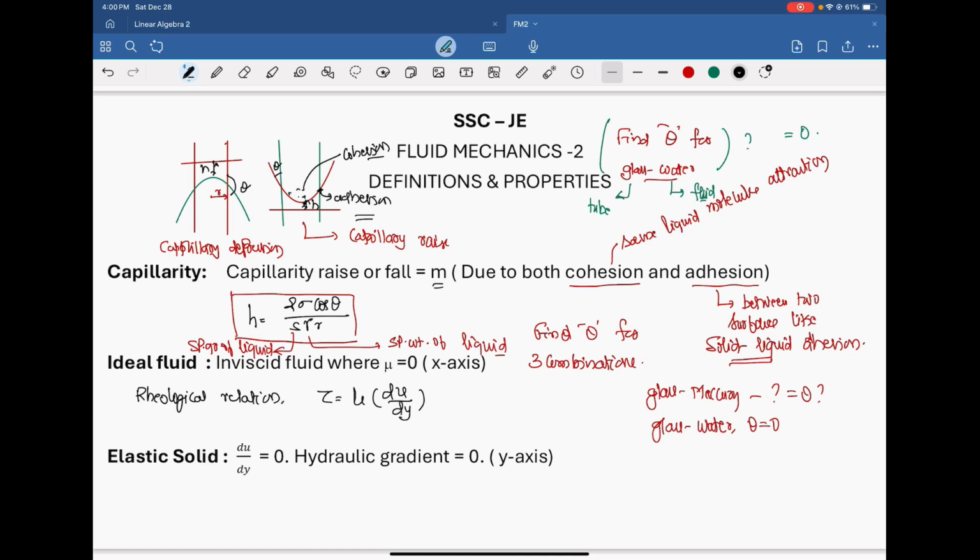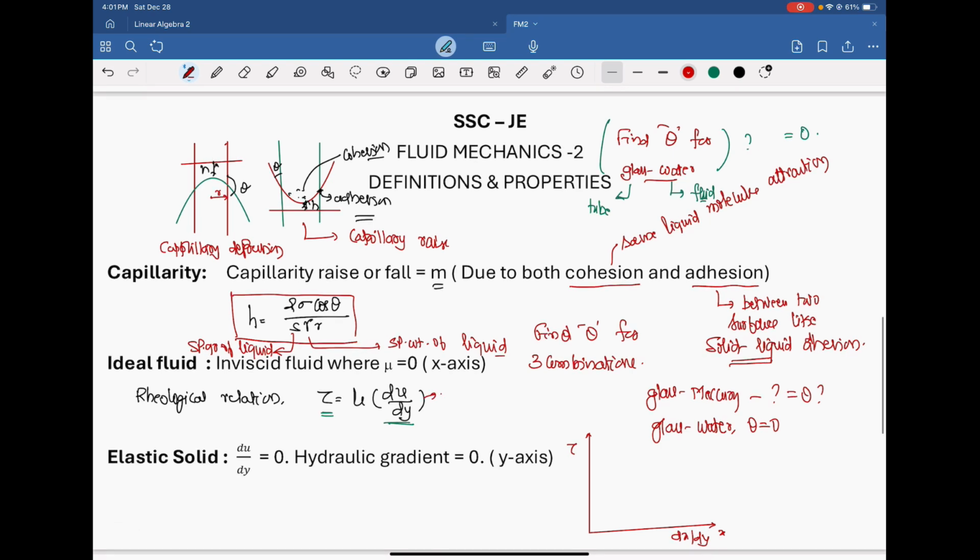And here, if we draw a graph between tau and du by dy, let us take tau on the y-axis, du by dy on the x-axis. Du by dy is nothing but hydraulic gradient.